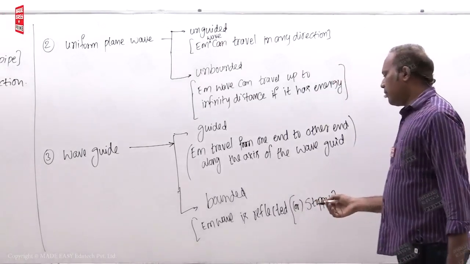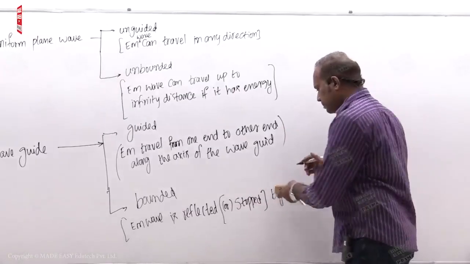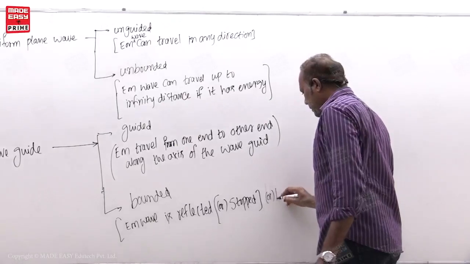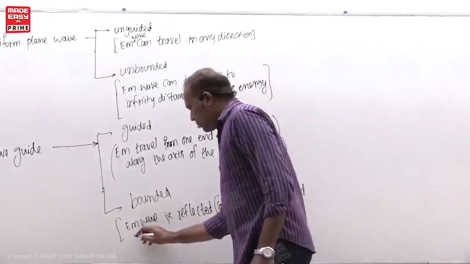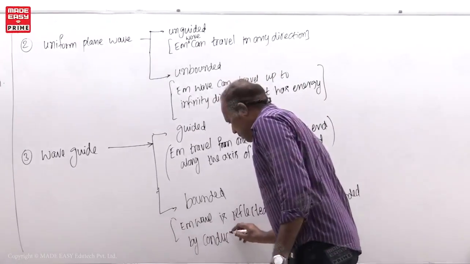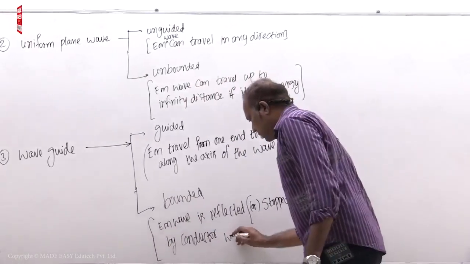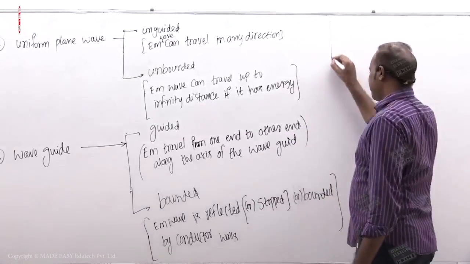EM wave is reflected or otherwise bounded by conductor. Perfect conductor, students. The conductor means here by conductor walls. We will discuss that also. It is bounded. That means stopped.